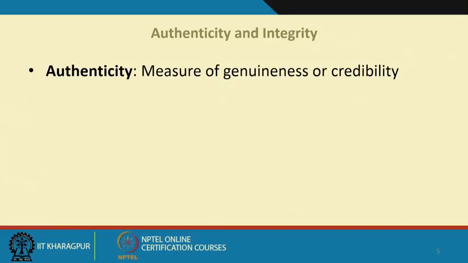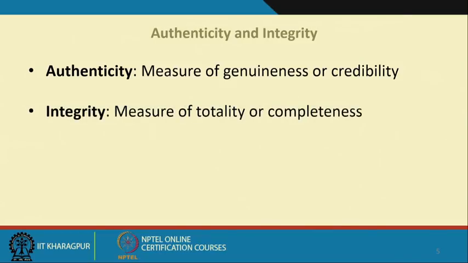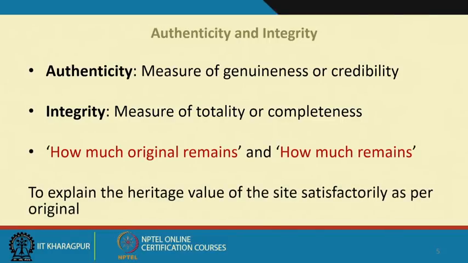Authenticity is generally the measure of genuineness or credibility, and integrity is the measurement of totality or completeness. That means how much of the original remains.